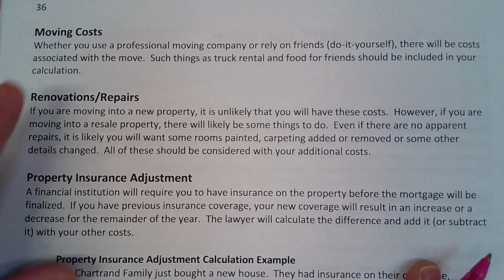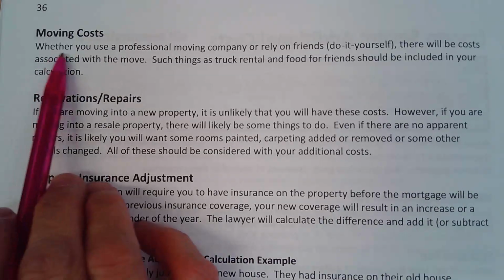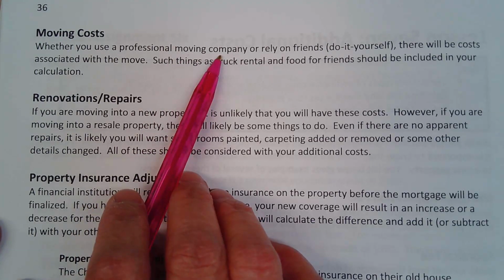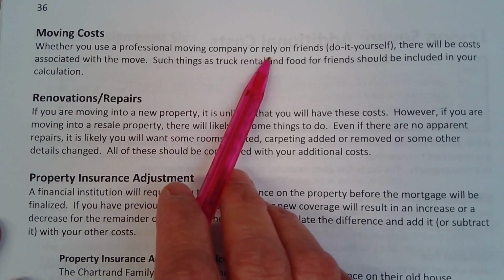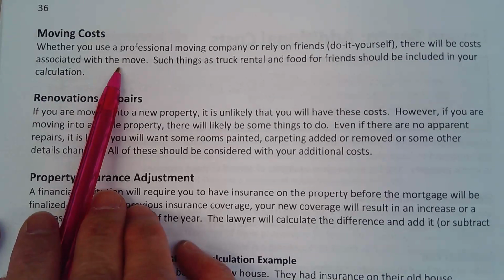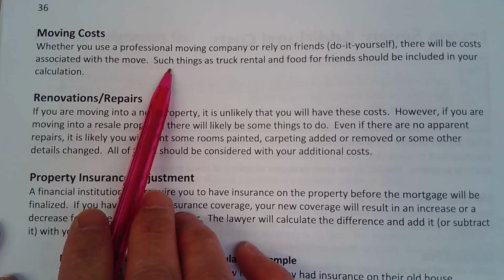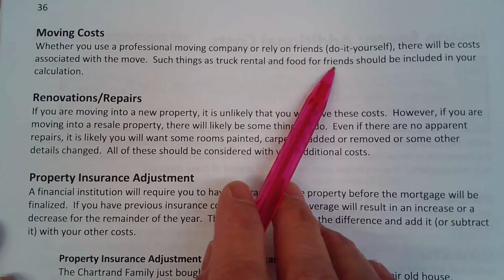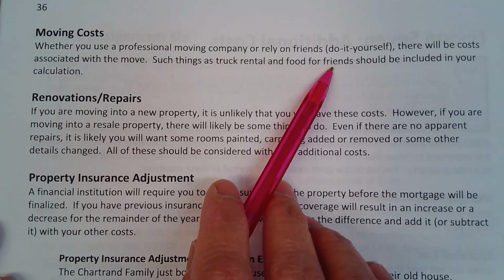So those are the moving costs. Whether you use a professional moving company who does everything for you, or rely on friends, do it yourself, there will always be a cost associated to the move. These things such as truck rental, and then of course when your friends help you move your stuff.